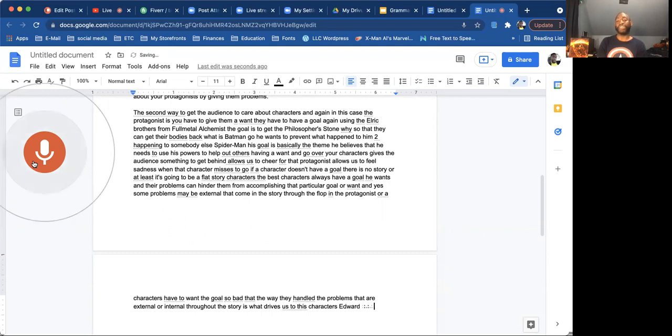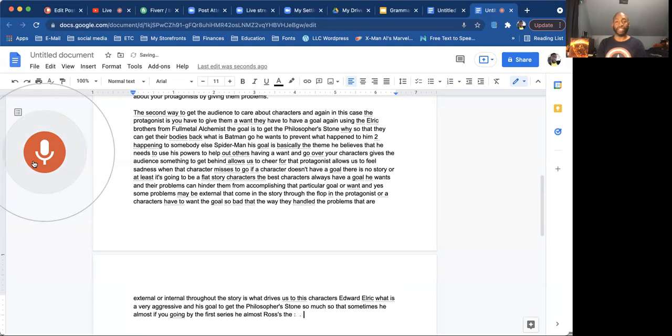Edward Elric was very aggressive in his goal to get the Philosopher's Stone. So much so that, if you're going by the first series, he almost crosses the line trying to make that succeed, especially to help Alphonse.